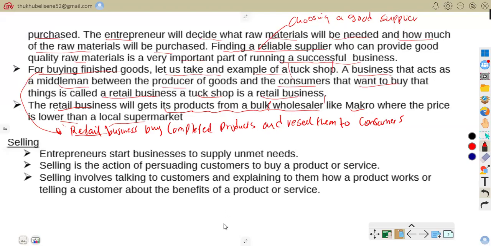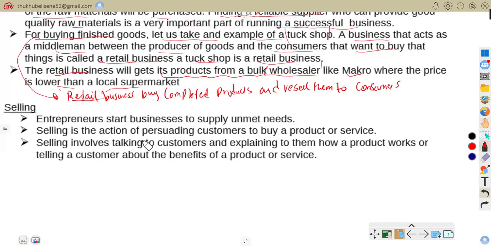So now we can come to selling. As it is, entrepreneurs start business to supply unmet needs. Unmet what? Needs.